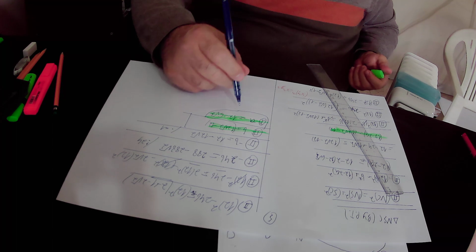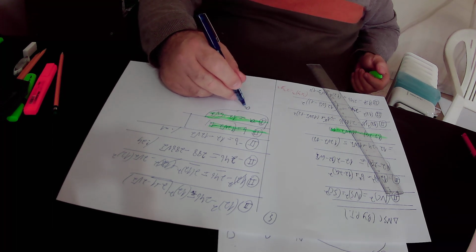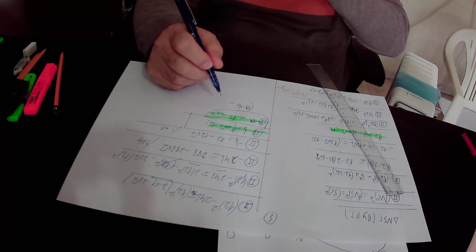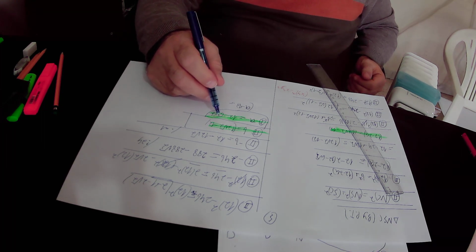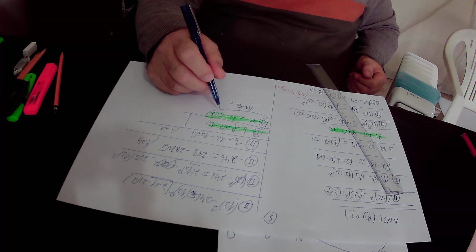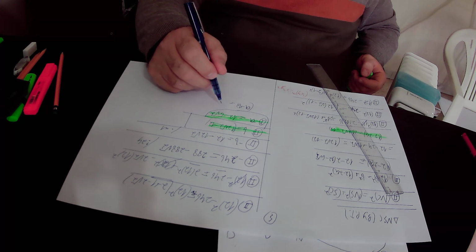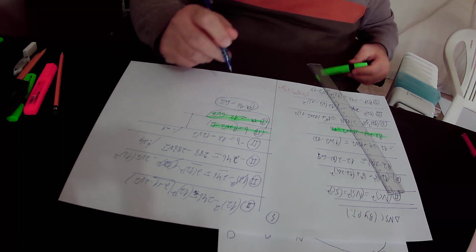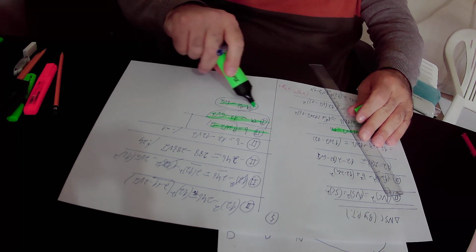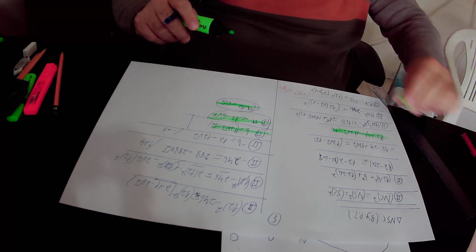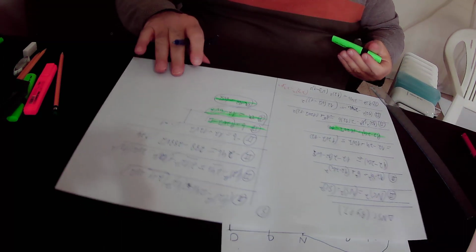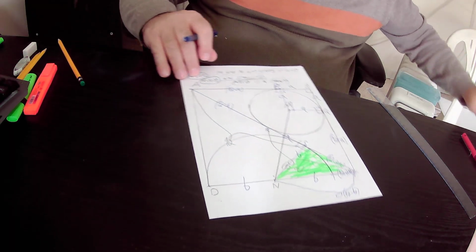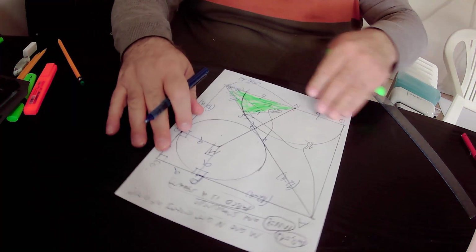From these two equations, it's very easy to find out that a plus b is equal to minus 12 plus 12, which is 0, and 12 times square root of 2 minus 6 times square root of 2, which is 6 times square root of 2. So in conclusion, we found out that a plus b equals 6 times square root of 2 units. So in the next step, we will join points R and M together by a straight line.